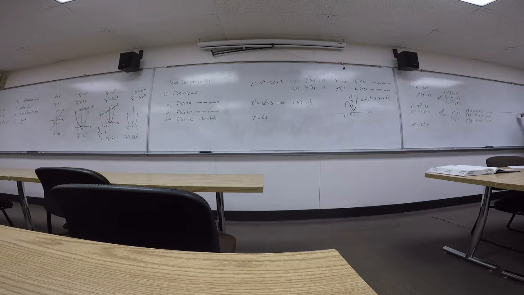I think we fit most things in there. The zeros of the function are negative square root 2, 0, and positive square root 2, 0. Square root 2 is about 1.414.